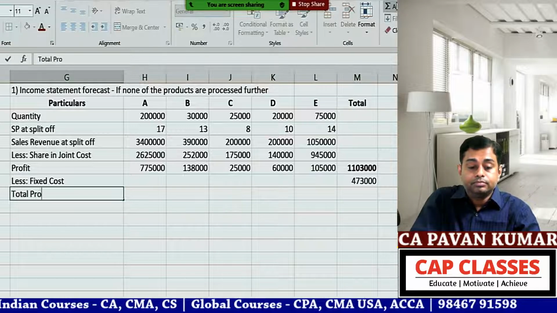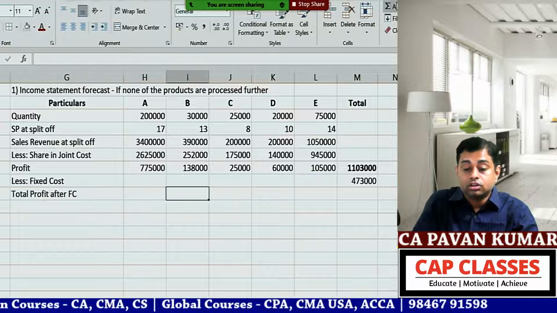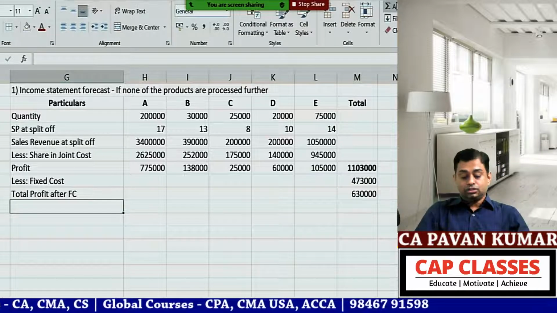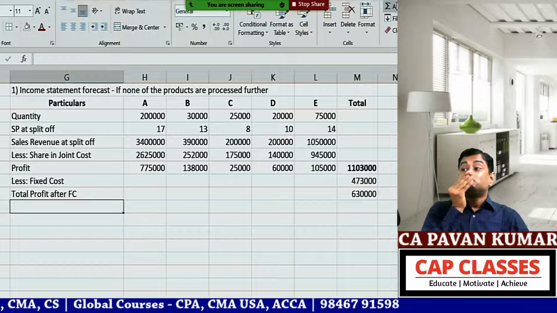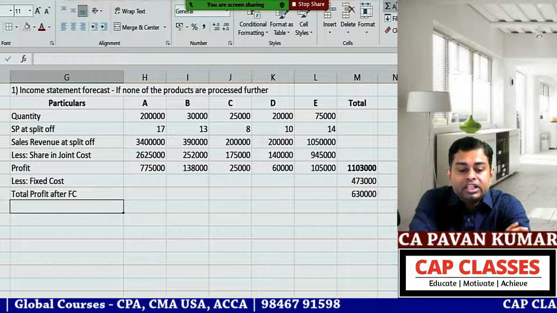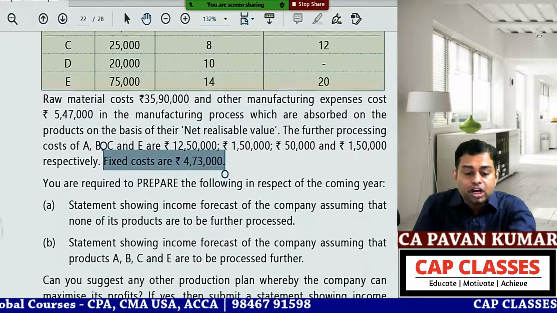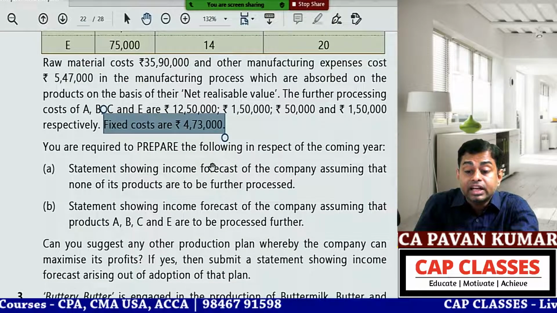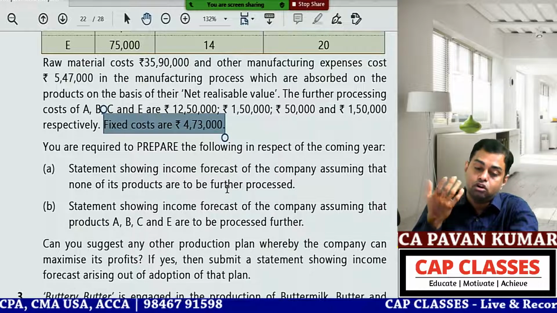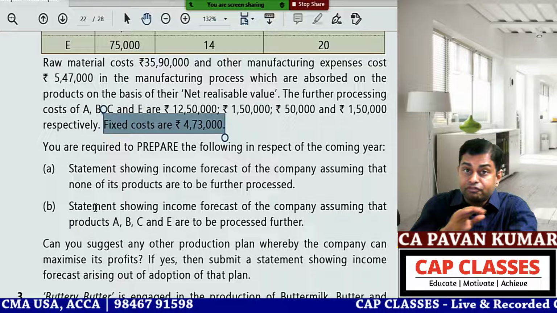Total profit after fixed cost. So can I say it is this minus this, 6,30,000? You understand this one? Yes, sir. That's all. So with this, statement 1 is over. What is the first statement? Statement showing income forecast of the company assuming that none of its products are to be further processed. Okay, statement 1 we are done with.